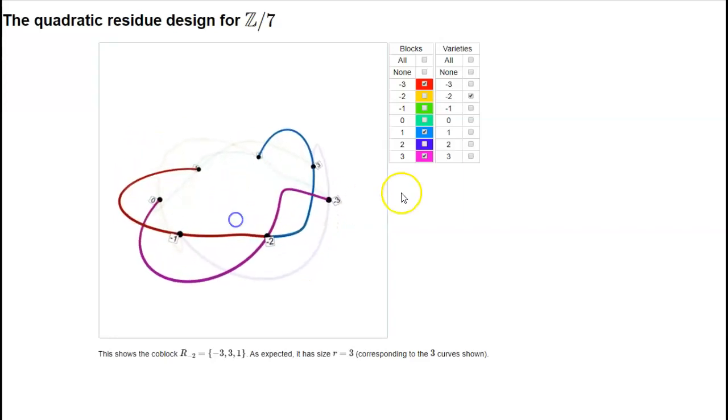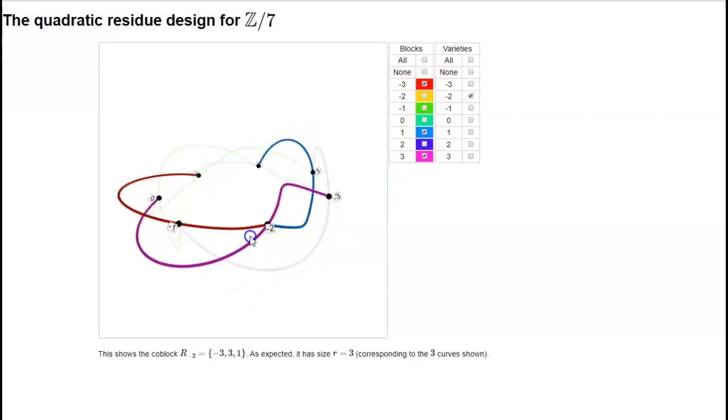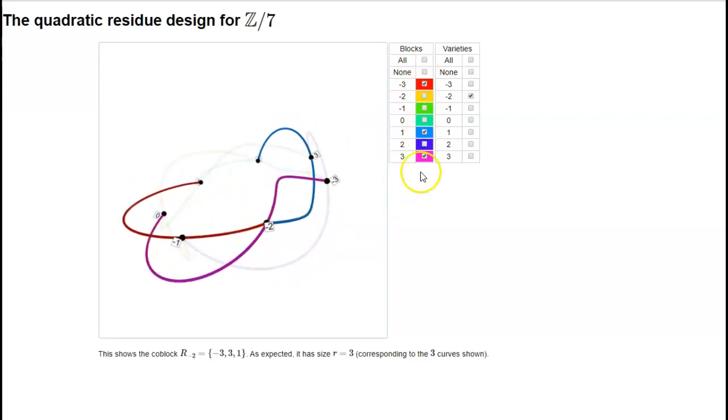The purple block here is block number 3, the red block is block number -3, and the blue one is block number 1. So -2 is appearing in blocks -3, 1, and 3. So this co-block set R-2 is -3, 3, and 1.